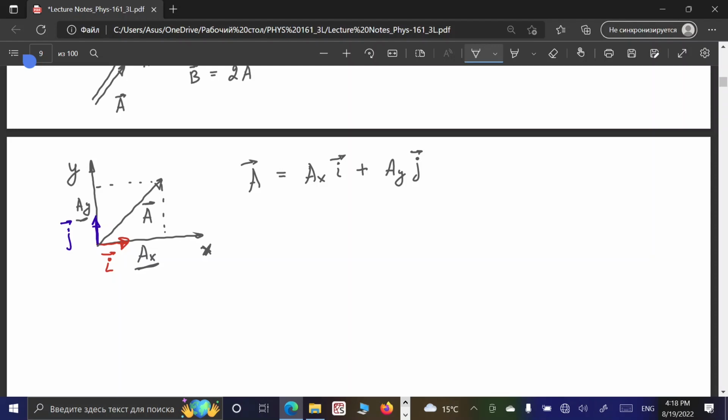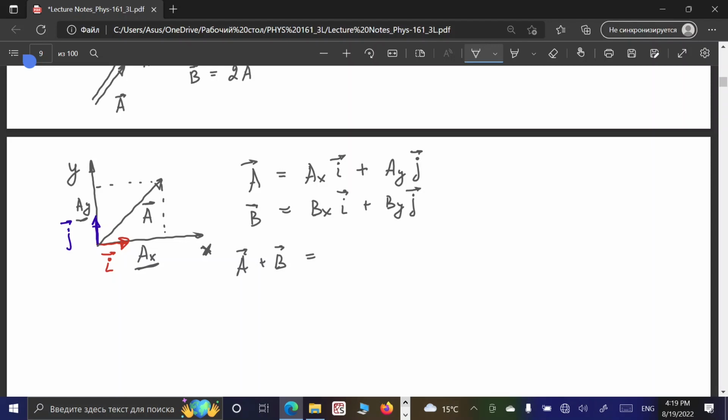So that really makes our life much easier, because now if we want to do some operations with vectors, and we already are familiar with unit vectors, we introduce here one more vector, let's say B, that will be B_x times i unit vector plus B_y times j unit vector. And now if we want to add them, so A vector plus B vector, that will be very easy. We don't need to think about any rearrangement of vectors, like end of vector with beginning of vector.